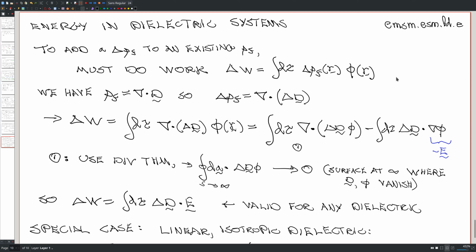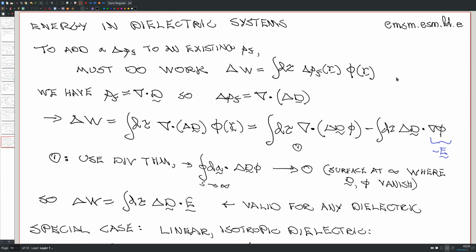What's the idea? Now we're reprogramming our brains to think in terms of free charge instead of total charge. The free charge, rho f, is the thing that determines absolutely everything that occurs in your system. You bring in a certain amount of free charge, your system adapts to it. Given the distribution of free charge, you can recover the displacement, and if you assume a linear isotropic dielectric, also the polarization and the electric field.